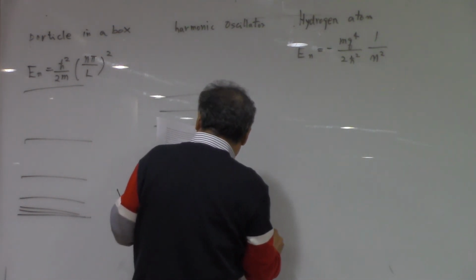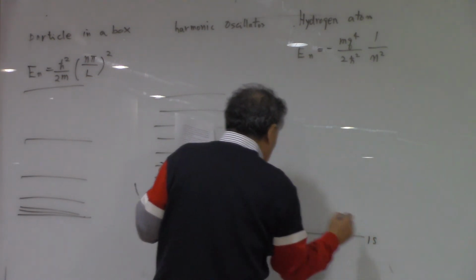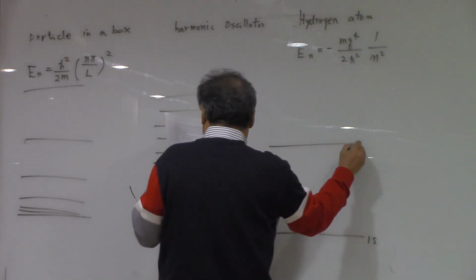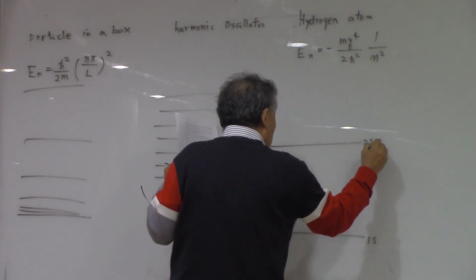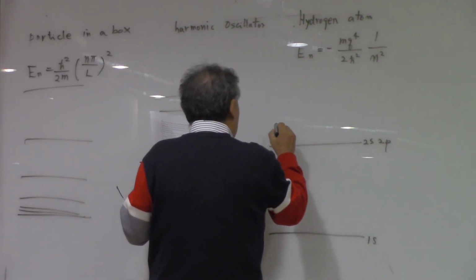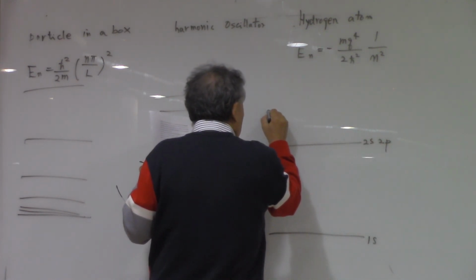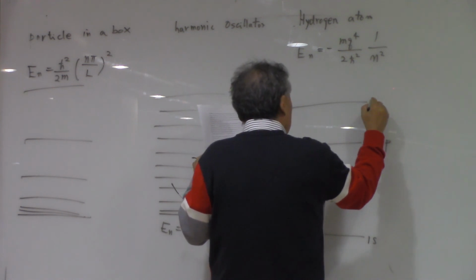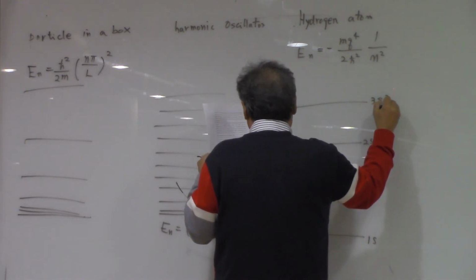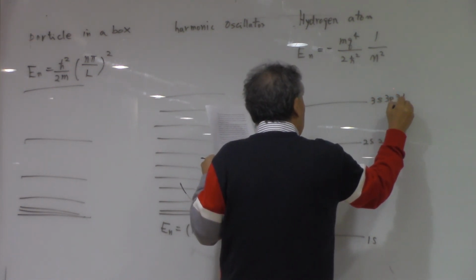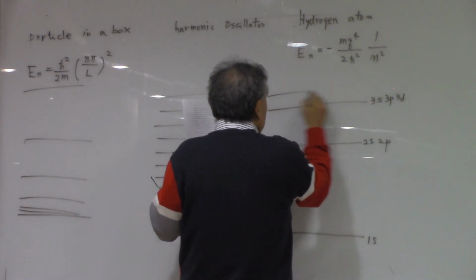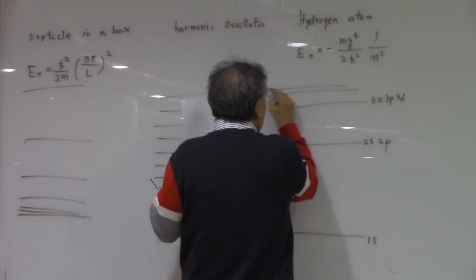It means that there is the ground state 1s, and then a huge separation to the 2s 2p, and then next is 3s 3p 3d, and then the next, and the next.